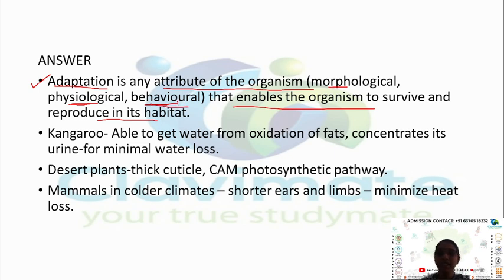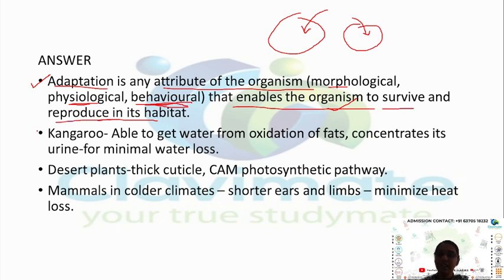Some animals hunt only at night, such as bats. That is behavioral adaptation. So these adaptations should enable the organism to survive and reproduce in this habitat. So once an animal gets into the habitat, it adapts, or an animal will go to a habitat which suits its needs. Okay, so they will adapt to survive and reproduce.